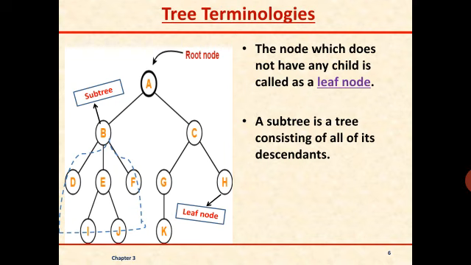Hence we call B a subtree. Next is the height of a node. What is the height of a node? Height means the length of the longest downward path to a leaf from that node. We call it height.